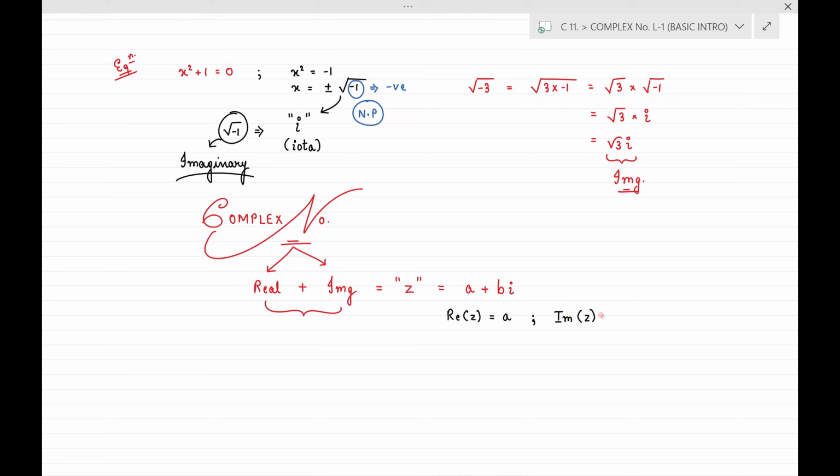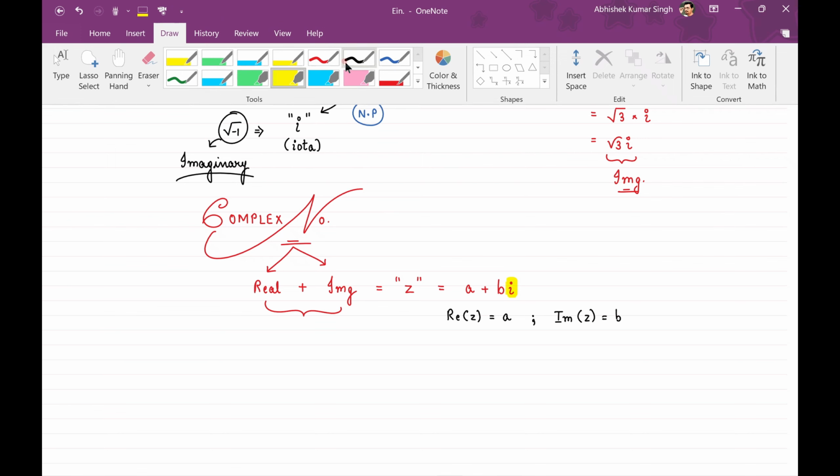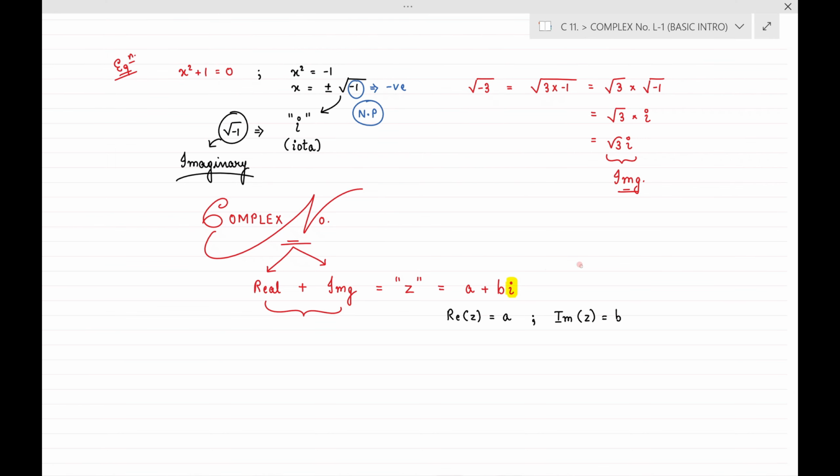Because this b is written along with iota, it is attached to the number under root minus 1, that is iota.